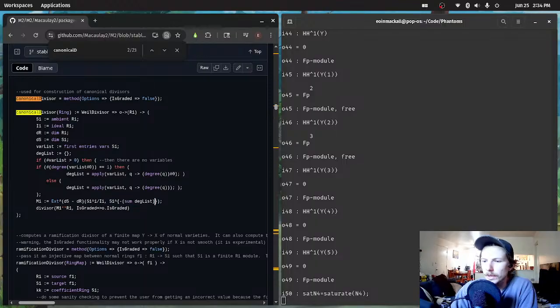So S1 is the ambient. And this one you'd think would give us the regular one. So this is like if we took our projective variety and its structure sheaf, and then you have to send it into the ring, twisted by minus some of the degree lists, huh?